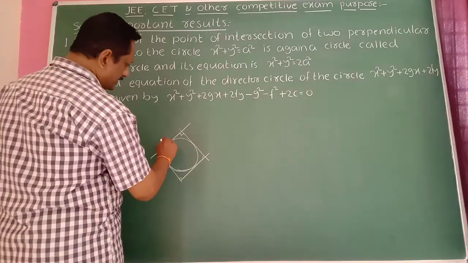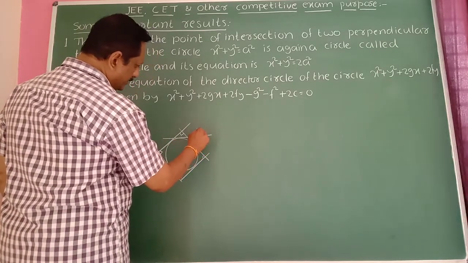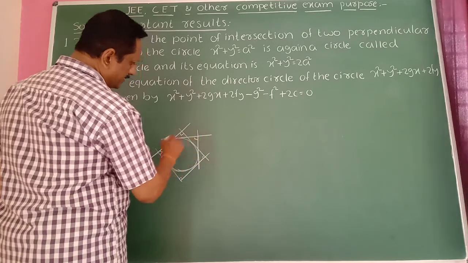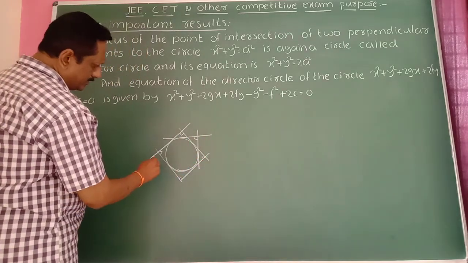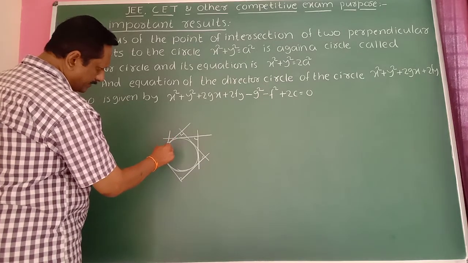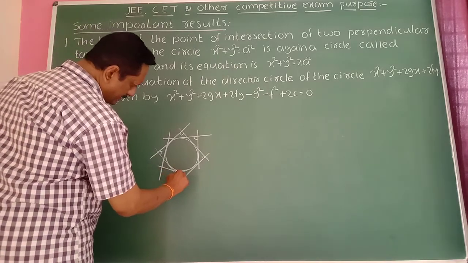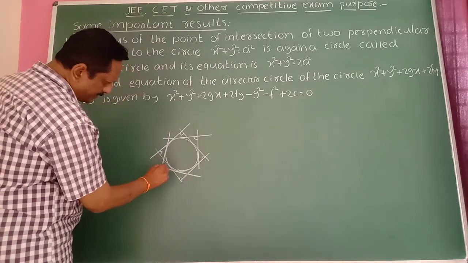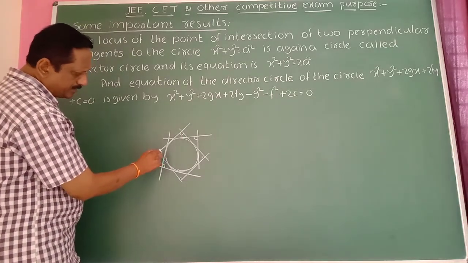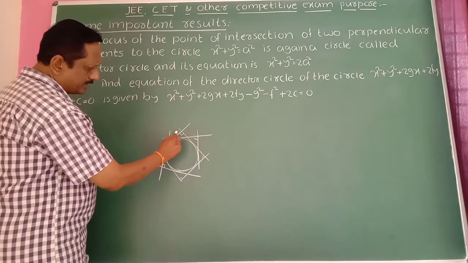Okay, so consider this a tangent here, and this is one more tangent. So both are perpendicular to each other. Next consider this is a tangent here, and this is one more tangent. So both are perpendicular to each other. If we join all these points of intersection here, then you will get one curve here.